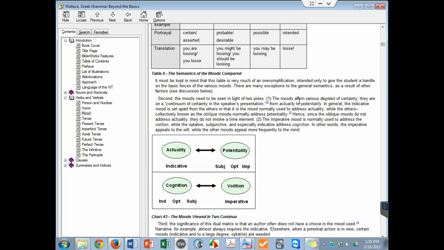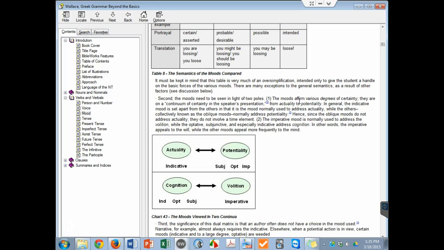Well, how is an optative any less dependent upon your volition, or any more dependent on your volition? An optative in which we make a wish or we pray to God. It's making a request. Okay, so is the imperative really more dependent on another's volition than the optative is?